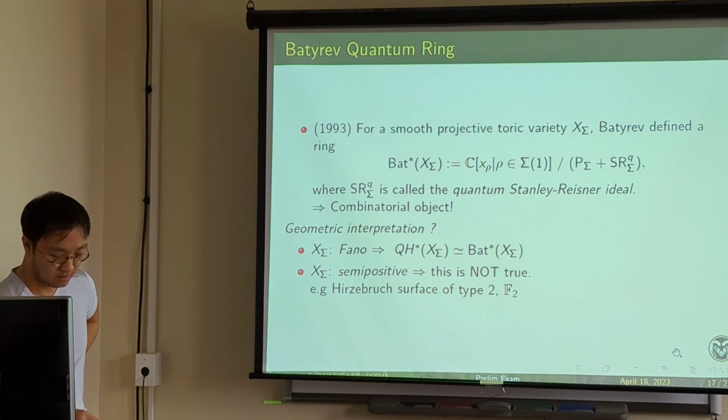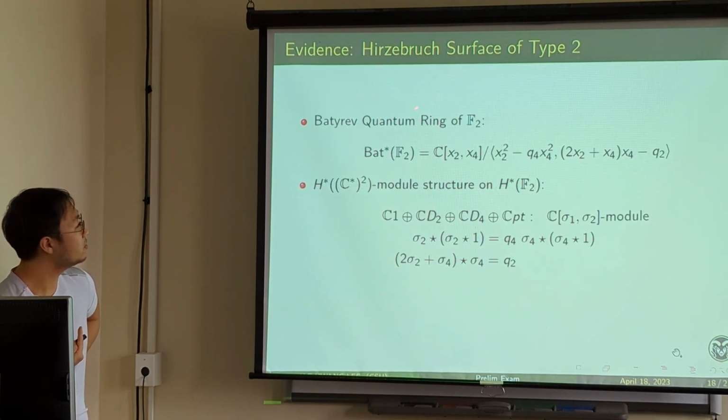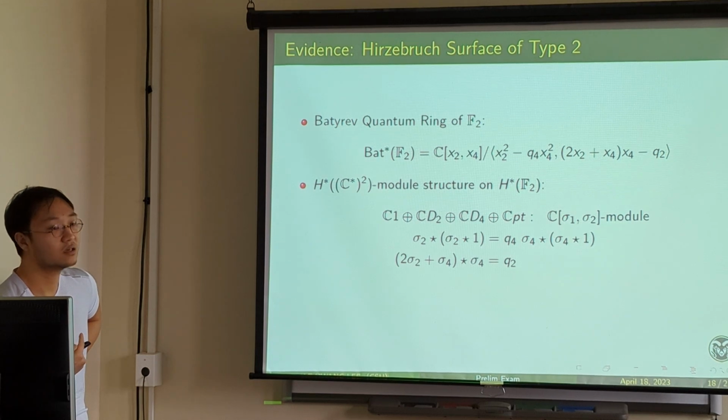But we computed a full description of a newly defined module structure. This Batyrev ring has a natural module structure just by thinking of this polynomial ring as acting on this ring.